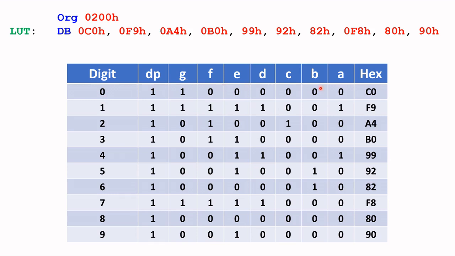And the translation into binary is given here. So C0, for example, the 0 would be 0, 0, 0, 0, C would be 1, 1, 0, 0. All right, so that's where these codes come from.